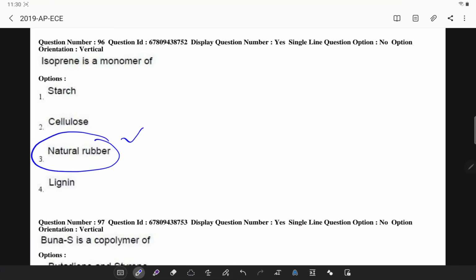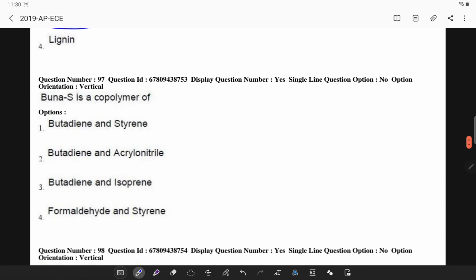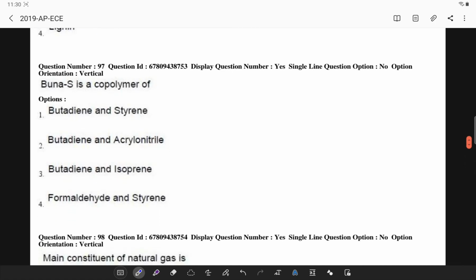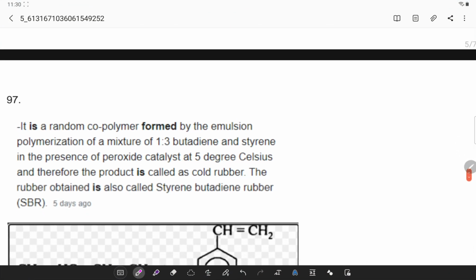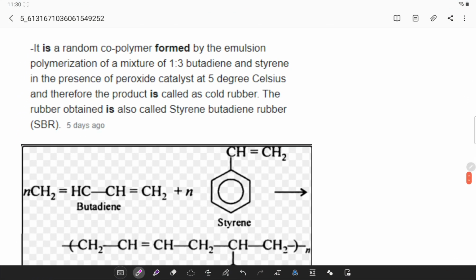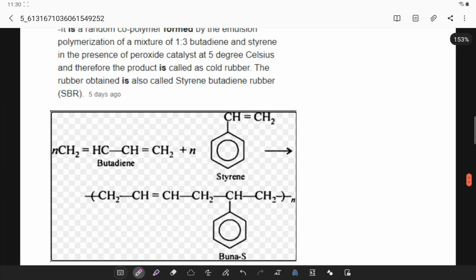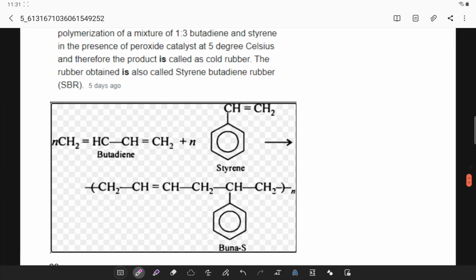Okay. Next, what exactly is Buna-S? Buna-S is a copolymer of butadiene and styrene. See this, this is the equation which governs Buna-S.